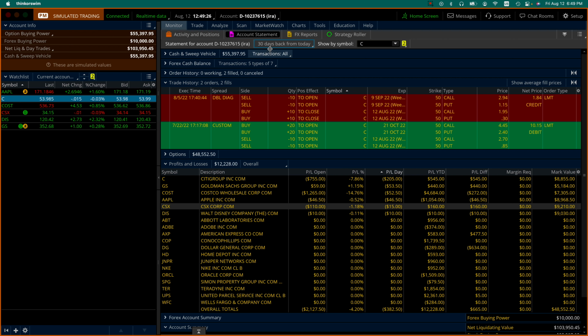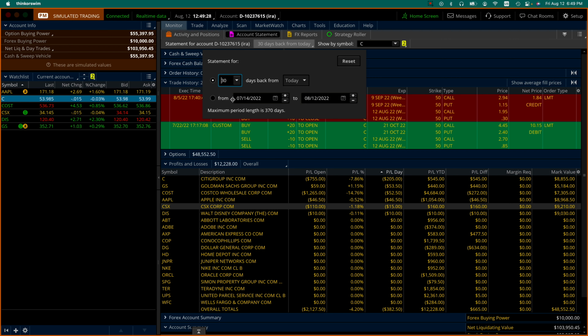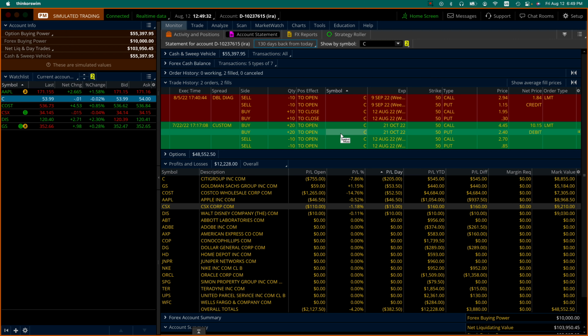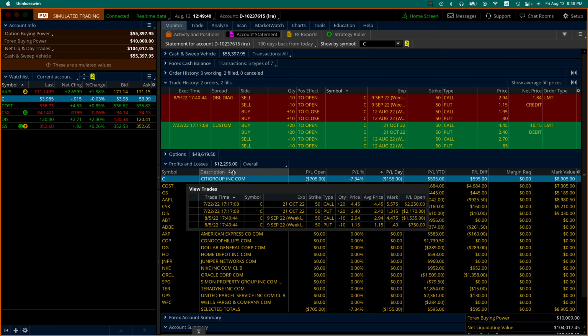You can say 130 days just to make sure you got them all. And we had the original trade and an adjustment. Okay, and we need both to see if we've been making money on this or not. You can also highlight the trade here and see year to date we have made close to $600, but that may be because of other trades on this account.